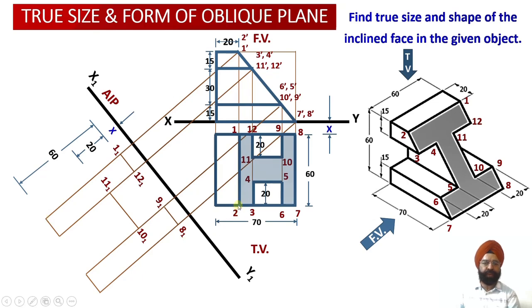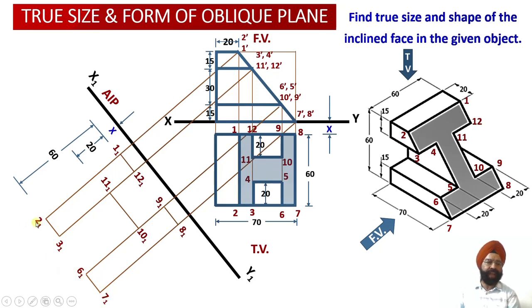Which are those points? These points are point 2, point 3, point 6 and point 7. So point 2 will be located over here, point 3, point 6 and point 7. So here we have got the points 21, 31, 61 and 71.